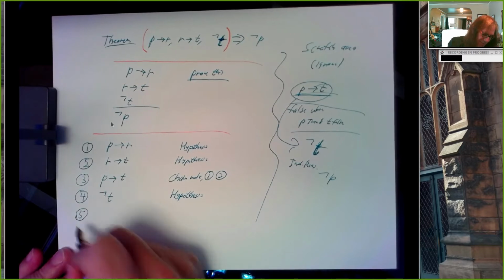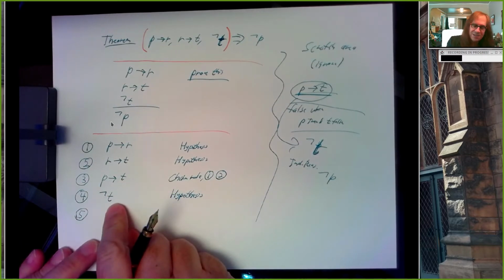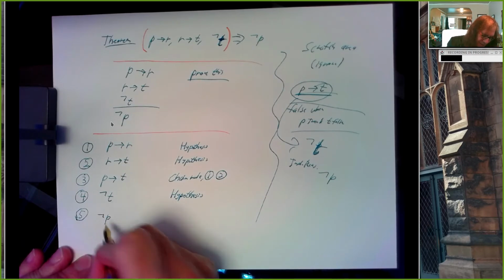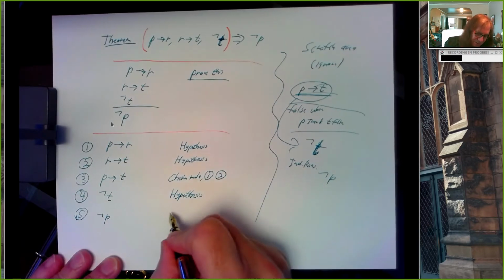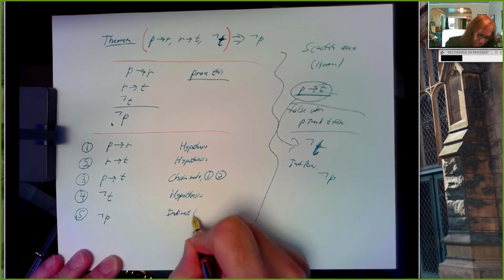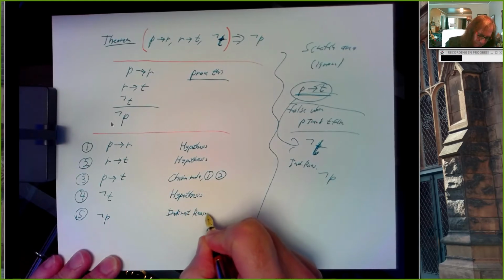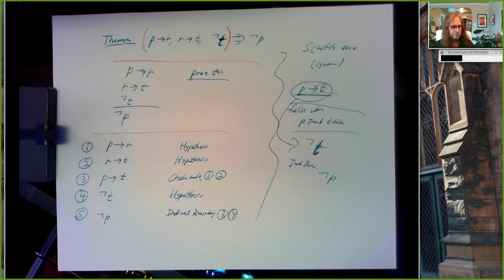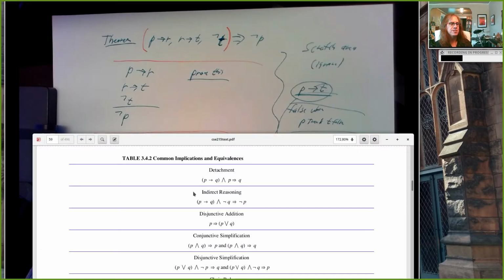And now, if P implies T and not T are true, those two directly give me not P. And the reason for that is indirect reasoning, using propositions 3 and 4. Right, so that's using this law of logic right here.